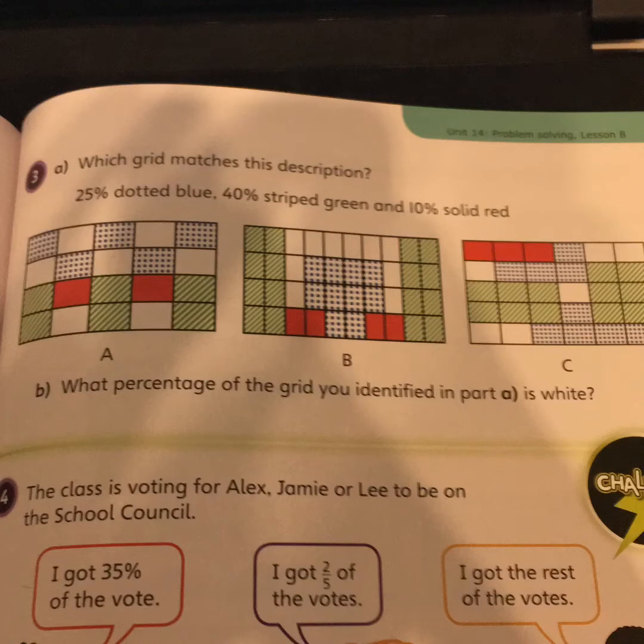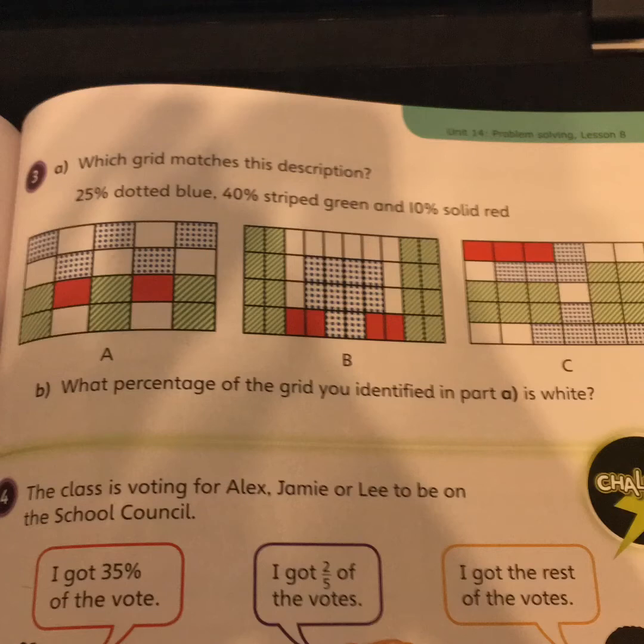So if I have a look at B, it has 40 rectangles, so my denominator is going to be 40. If I look at the blue, there are 10, so 10 out of 40. If I simplify that, it would simplify down to 1/4, and 1/4 is the same as 25%. So that works so far. For the green, there's 16 out of 40.